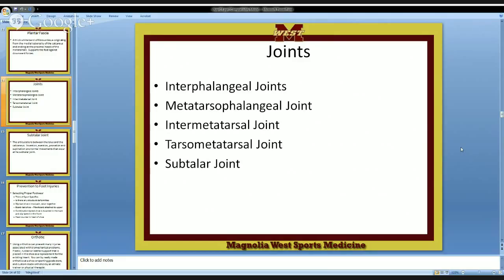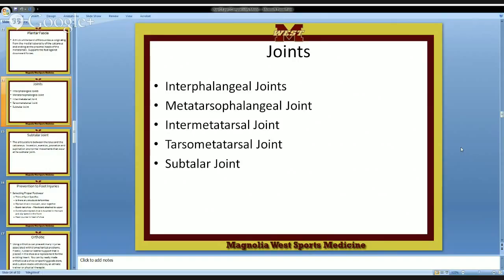All right. Now look at that first one. It's interphalangeal. Now how are you going to have intermetatarsal? It's connecting what to what? Metatarsals to metatarsals. Exactly. Intermetatarsal joint.